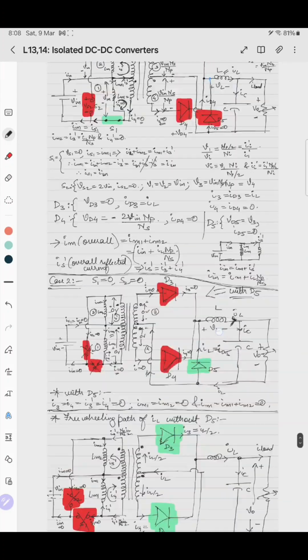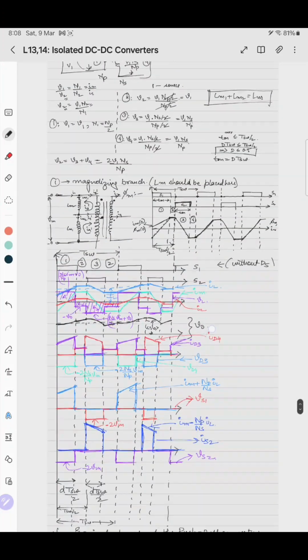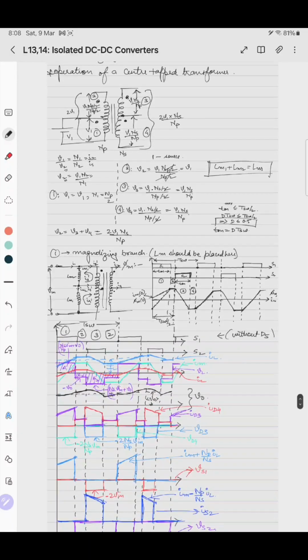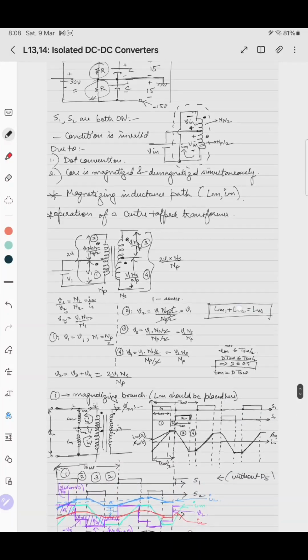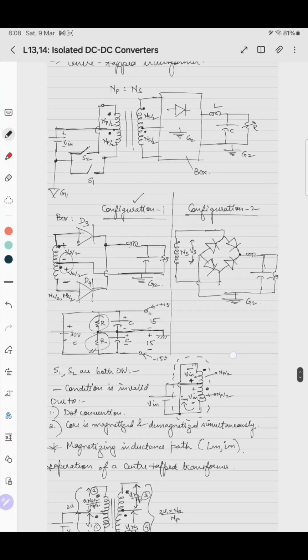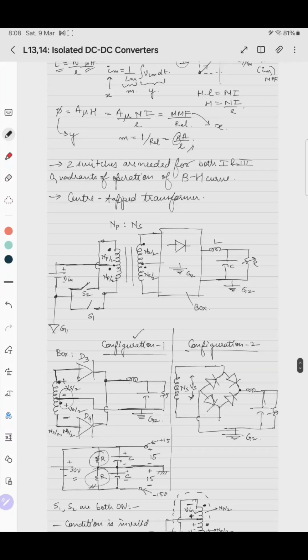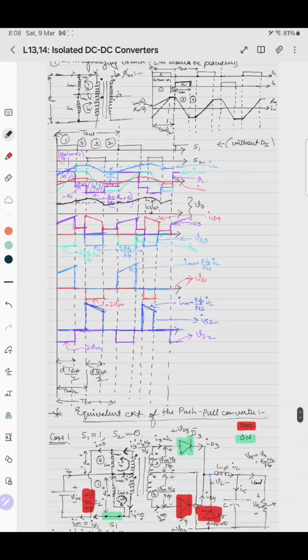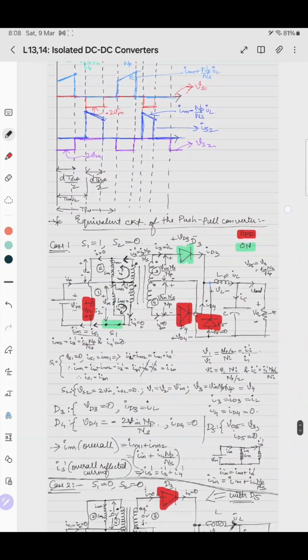So in this lecture we saw the steady state operation of the push-pull converter, and also the basics of the center tap transformer, how the magnetizing branch is split into two, and the operation of the push-pull converter in the three cases of the switching pattern.